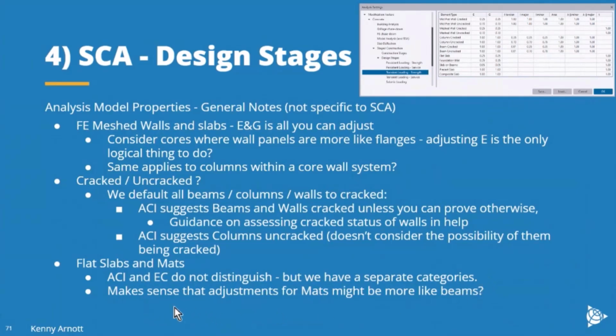It makes sense to me that flat slabs should have a lower stiffness than beams, whereas the EC is giving them the same level. Any work that I've done in that area, I've always suggested that if you're going to idealize it as a simple mesh slab with a reduced value, something more down to 0.25 or even lower than that is needed. But it also makes sense to me that mats might be more like beams.